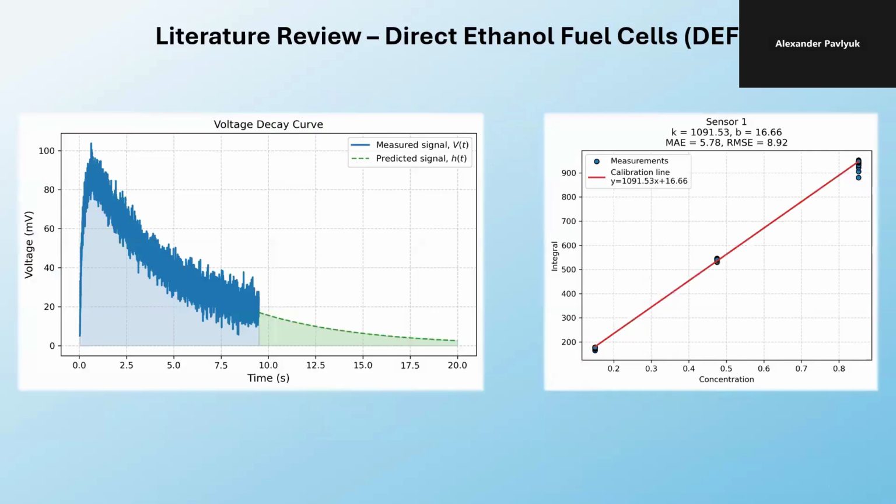A typical output of the measurement is a voltage decay curve, presented in the left picture. It is usually divided into two halves. The first half is the measured signal, and the last one is the extrapolation of that. This is done to speed up the analysis. The whole integral, the sum of both integrals, is then mapped to the calibration line to get the concentration output.